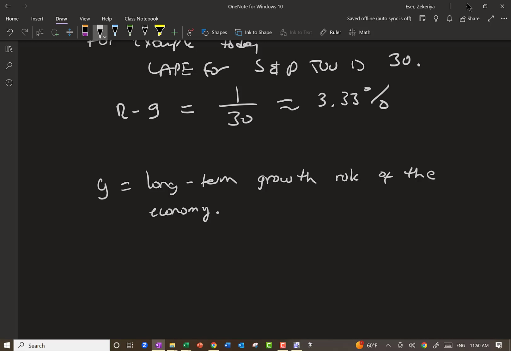Remember, if you invest your money into all the assets, there is no way that investment is going to grow faster than the economy, because you're investing into everything, right?